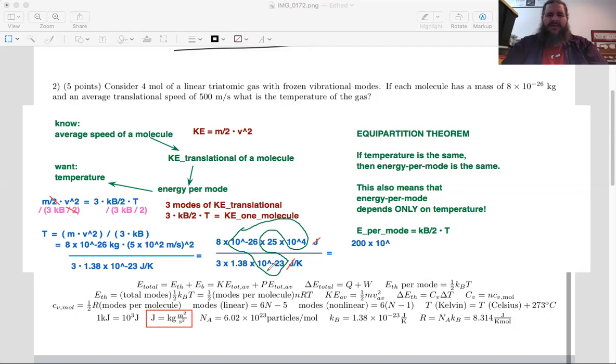Or how would you combine those? How do exponents combine when you're multiplying or dividing the bases?